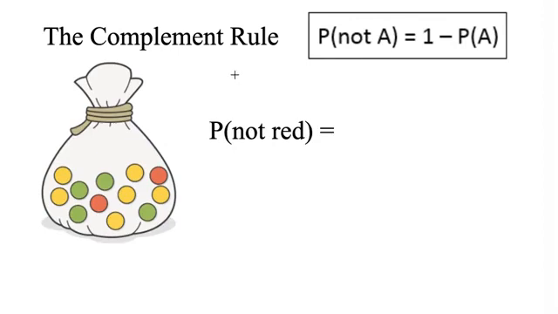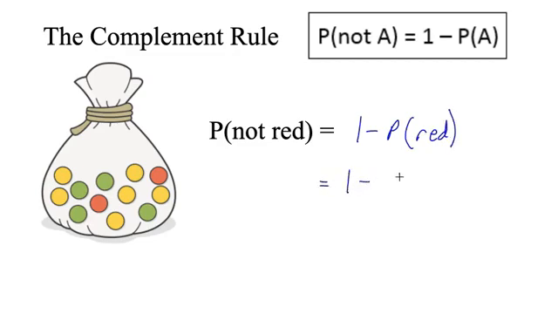Closely related to that idea is the complement rule. The probability of not having something happen equals 1 minus the probability that it does happen. So in this case, to find the probability of not choosing a red marble, well, we could do 1 minus the probability that we do choose a red marble.